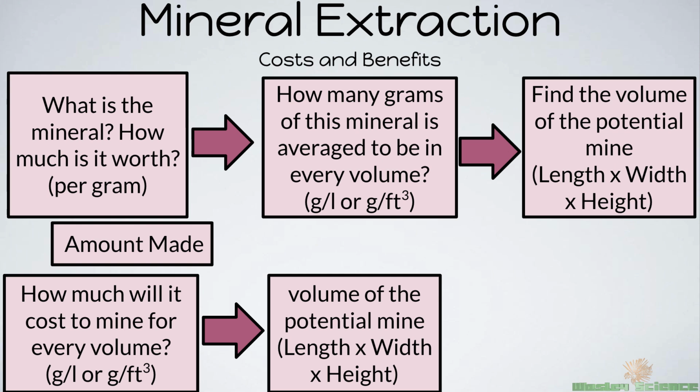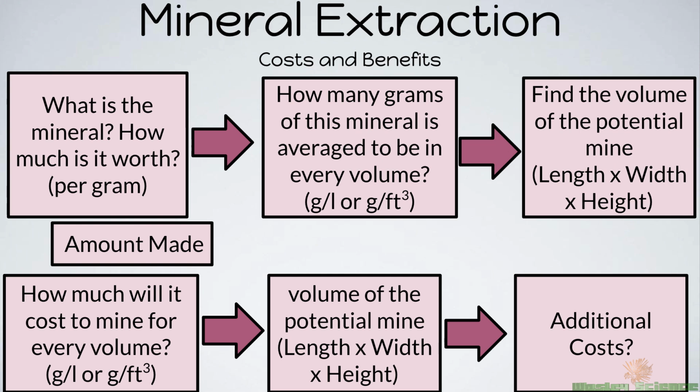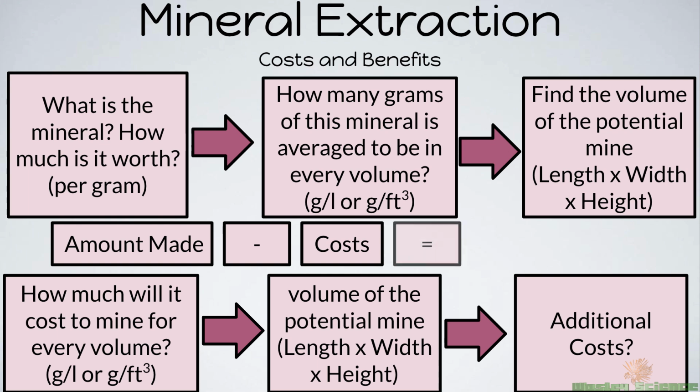And then you say, are there additional costs? Those are all the components we use to figure out how much this mine is going to cost. And then it simply becomes amount made minus cost equals profit.